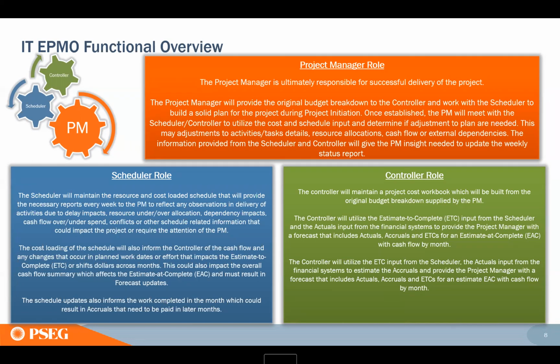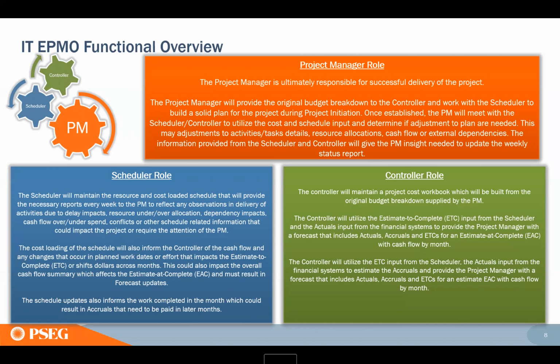They are really that main person responsible for delivery of the project. The scheduler and controller are supporting roles. So I just want to be clear, they have their responsibilities, but they are supporting roles. The project manager is ultimately responsible for delivery.